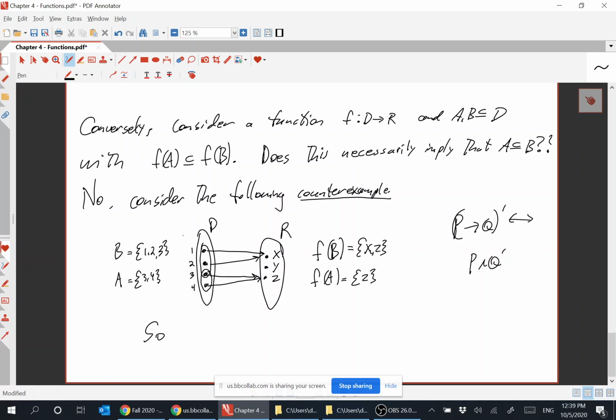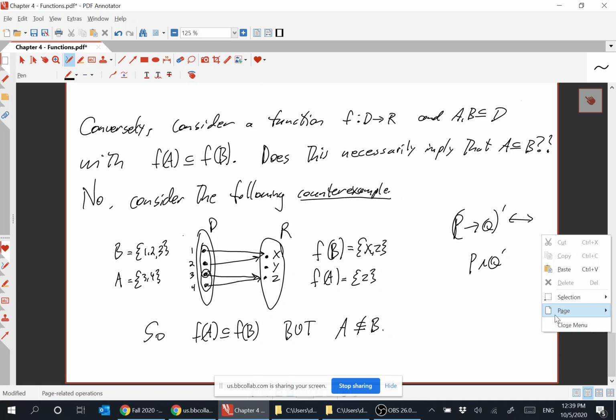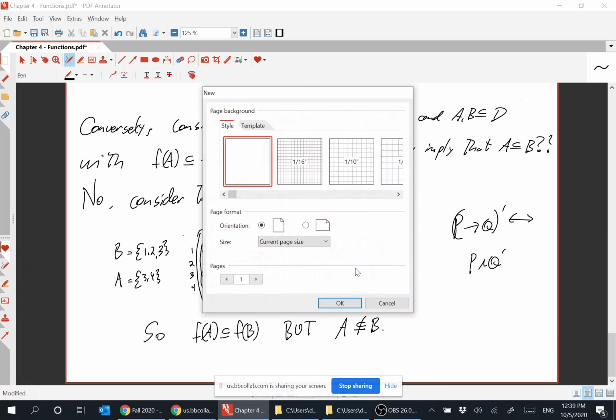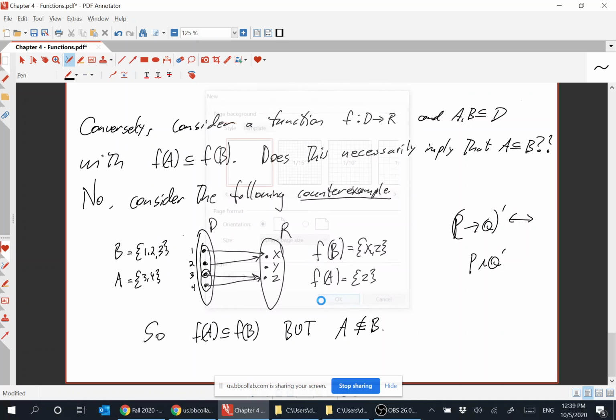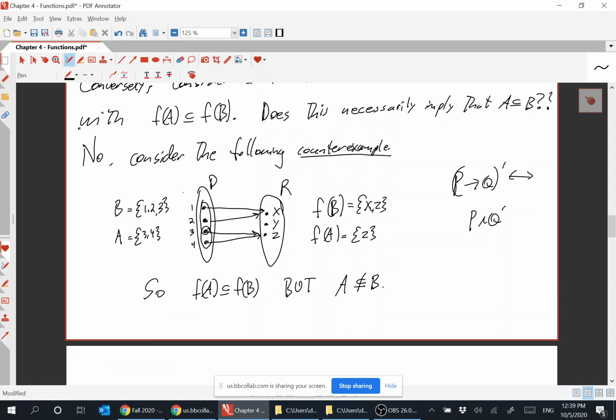Yeah, even though f of A is a subset of f of B, A is not a subset of B. So the implication is false. In this example, that's a counterexample. Not that there aren't other examples where it doesn't happen. I mean, there are certainly plenty, but here's a counterexample.